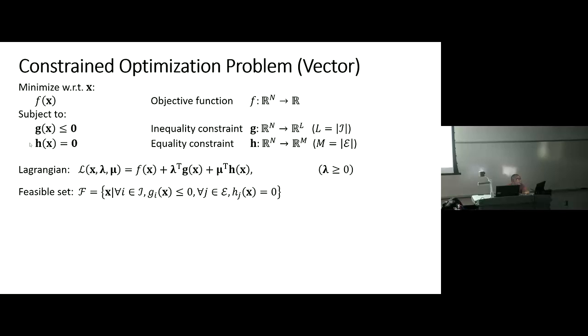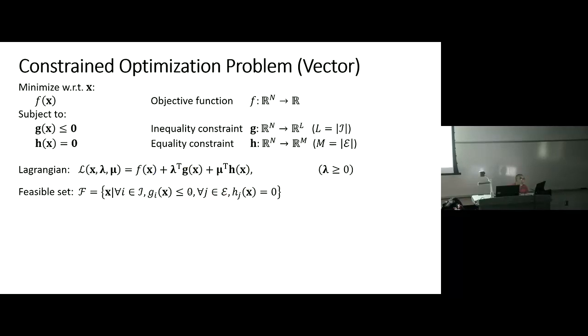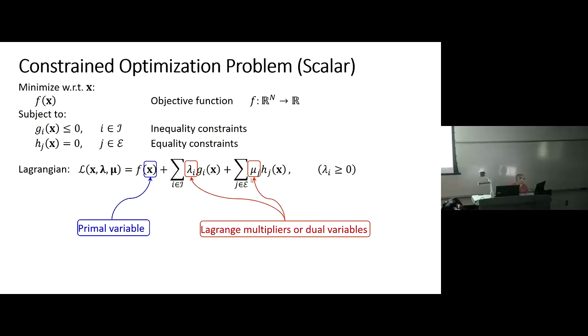The inequality constraint is now a vector function, g of x, and likewise the equality constraint is a vector function, h of x. And so the Lagrangian is written in this manner. f of x plus lambda transpose g of x plus mu transpose h of x, where this vector lambda contains all the Lagrange multipliers lambda_i, and likewise mu here, this vector, contains all these mu_j's.